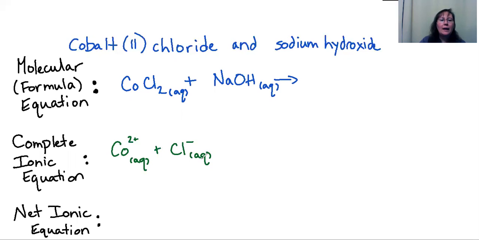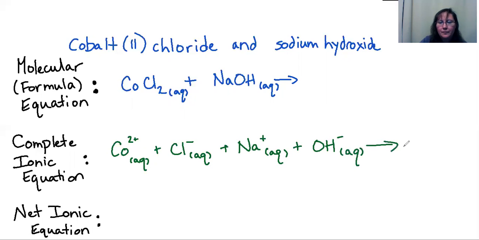All I've done is break this one apart. Now I take a look at the sodium hydroxide, and that means that I have sodium ions and hydroxide ions. Now I know that my cobalt and chloride together are soluble, and I know that my sodium and my hydroxide together are soluble.